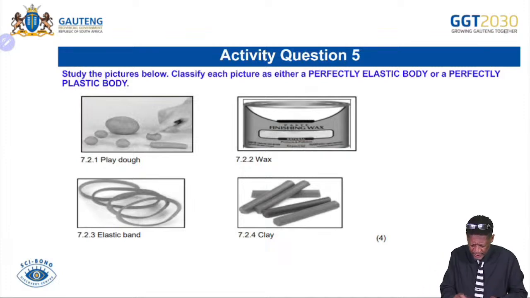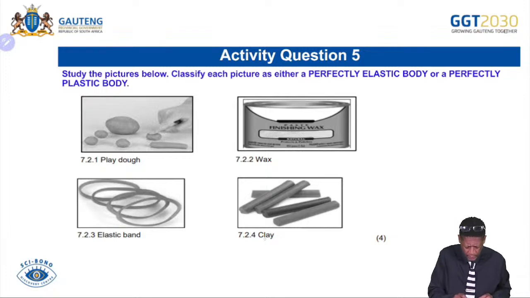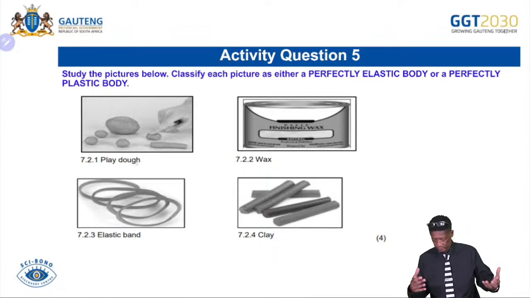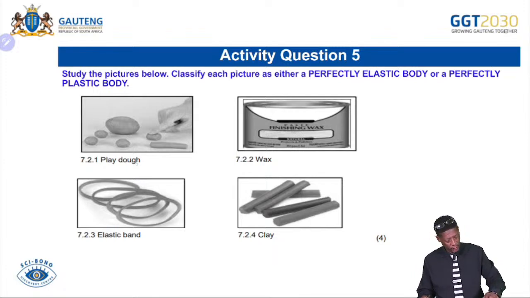Now they want us to study the pictures. We've got the clay, the wax, the elastic bands, and the plate dough. Once you press the plate dough out of its shape, would it come back to its normal shape?